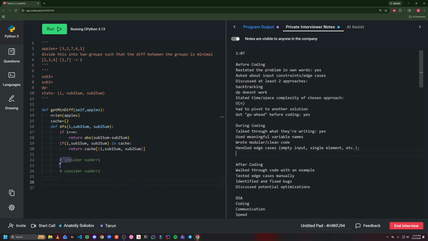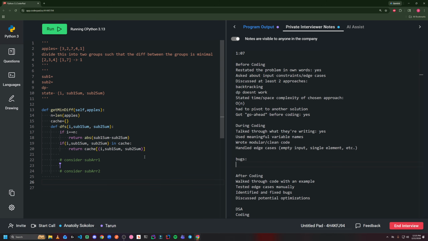If I consider subarray 1, my state will be I plus 1, and I'm going to increment the subarray 1 sum with the current apple, and keep subarray 2 sum the same.